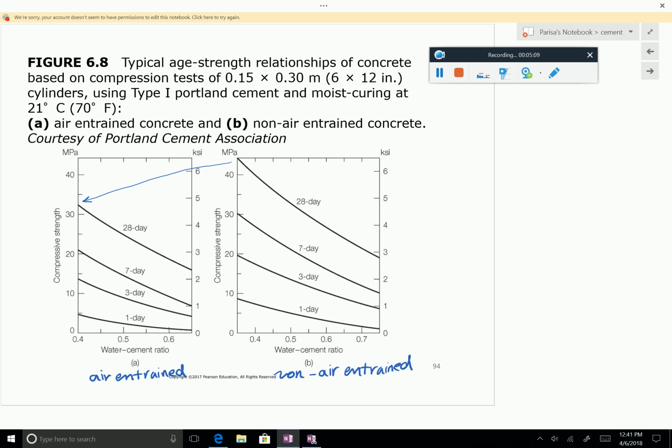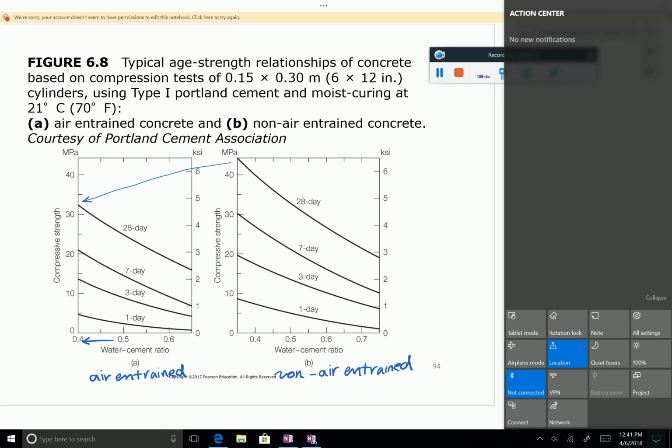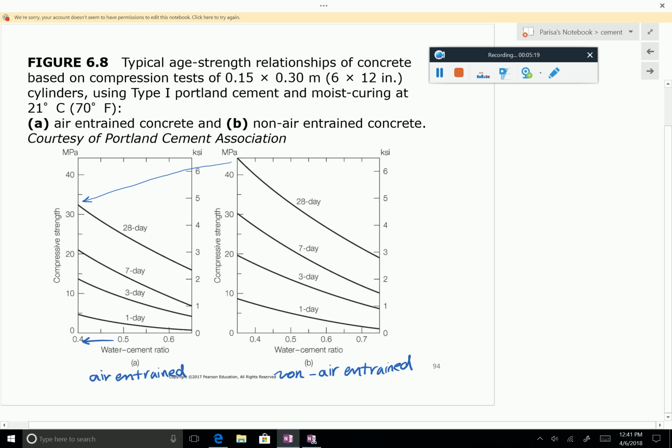But we try normally to compensate it, because you see that if you lower the water to cement ratio, you can have higher strengths. So in the long run, if you have freeze-thaw problem, this is still beneficial.